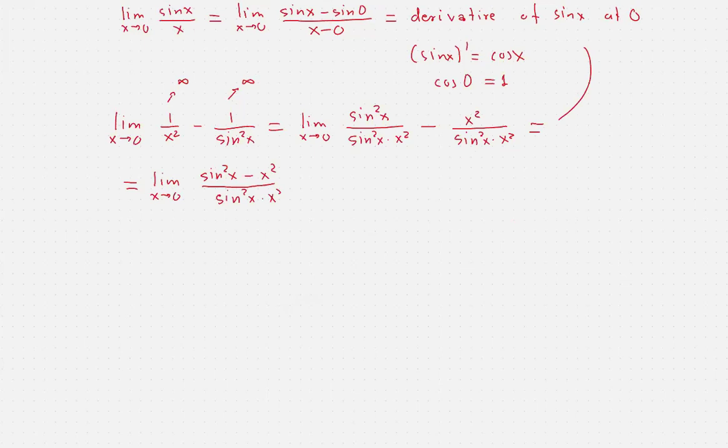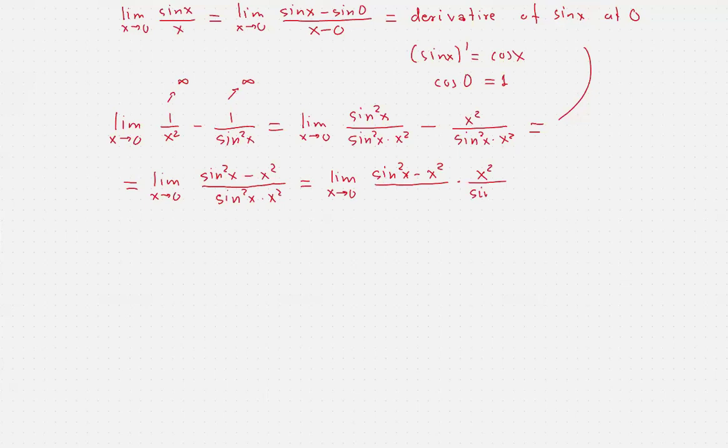And this is where we do a little trick to make our life easy, because the differentiations on the bottom as we start applying L'Hopital's rule are going to become very complicated. So we rewrite this: we pull the sine square of x into a new fraction that we create with this x squared.